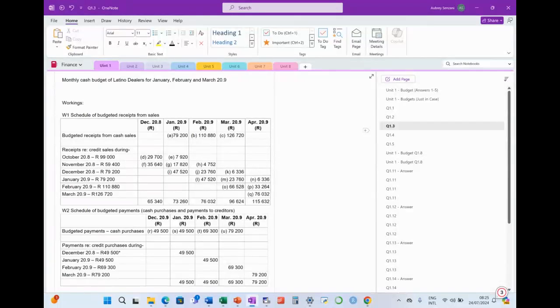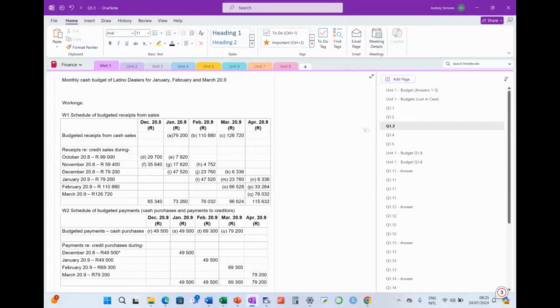I promise you. We're just doing the budgeted receipts, which is 0.8 you need and 0.1 and 2. The rest is irrelevant. Are we only doing the budgeted receipts? It says prepare the monthly cash budget of Latino dealers, cash budget, isn't it? So it's not just about these schedules.